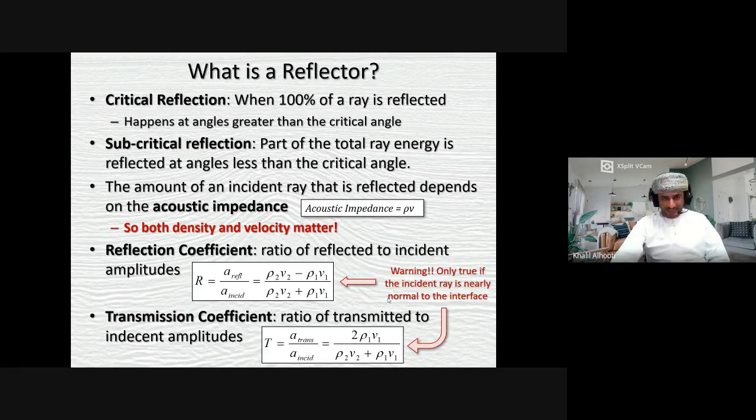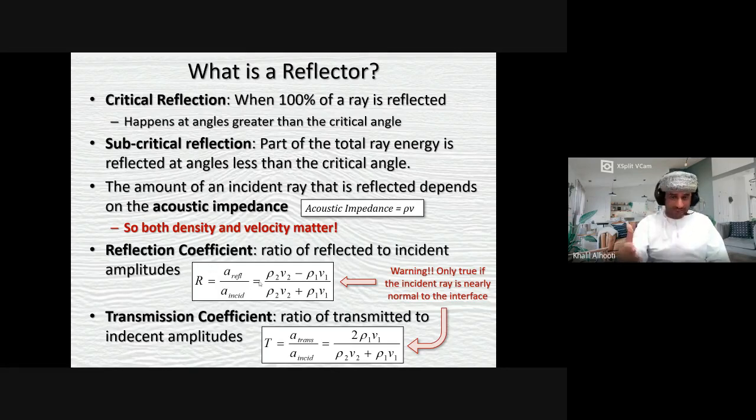However, as I said, these two will be applicable only at almost normal incidence, when the ray is coming almost straight down. If there is a big angle, you cannot use these equations. There are other equations, but they are more difficult. That's the reason I don't want to cover them, at least in this course.